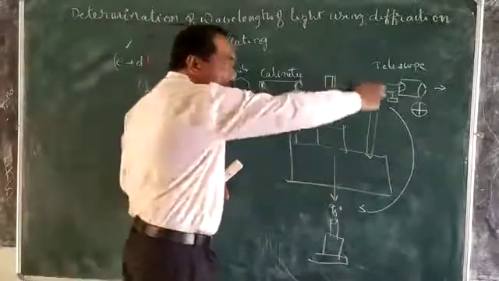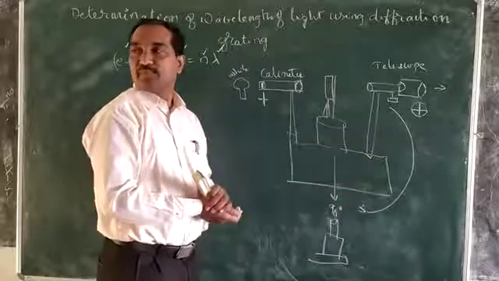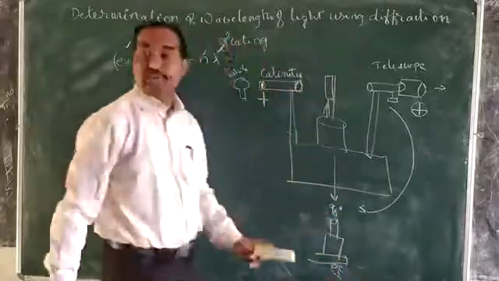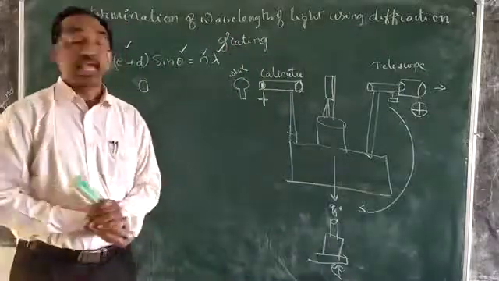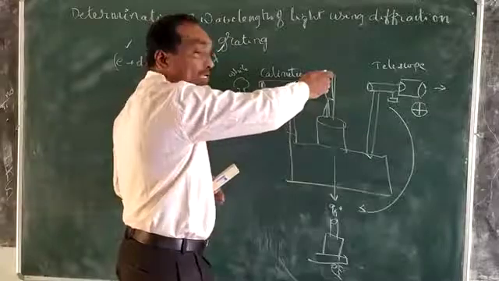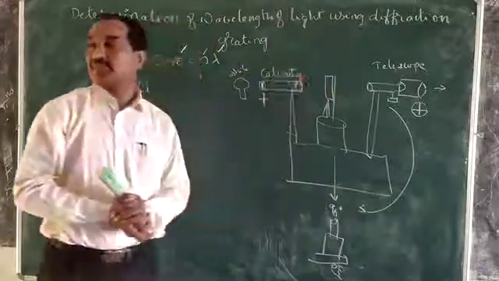Now the telescope position is here. When we observe at this place, we can see the slit after reflection at the diffraction grating.